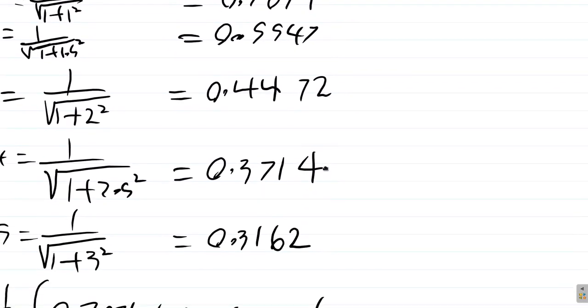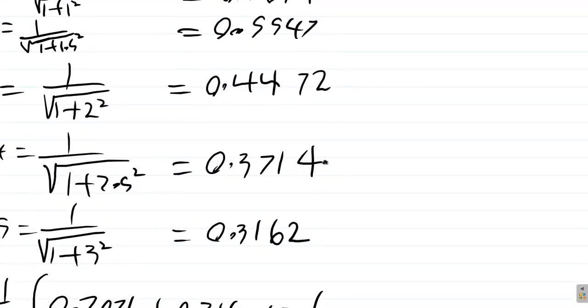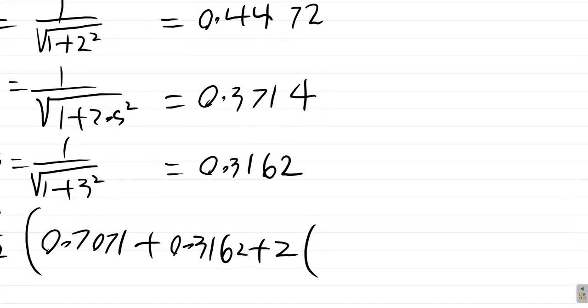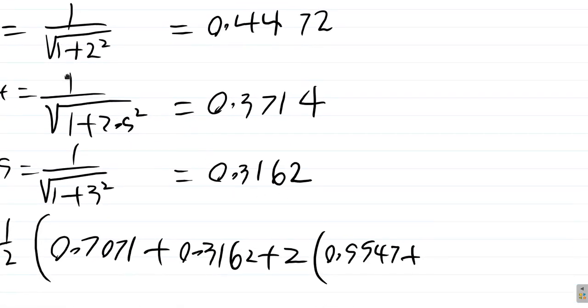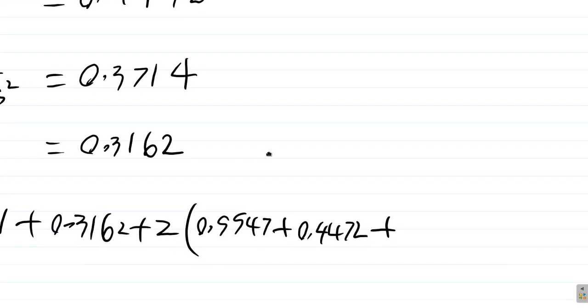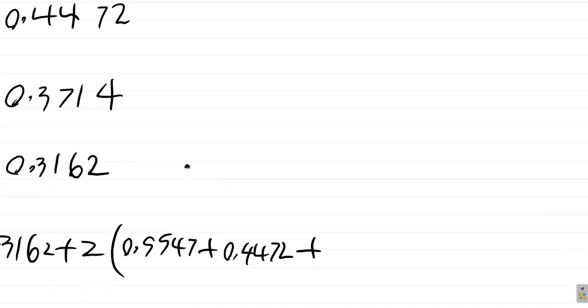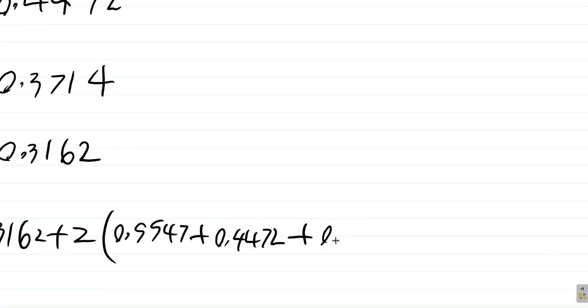That's going to be twice 0.5547 plus 0.4472 plus 0.3714. All right.